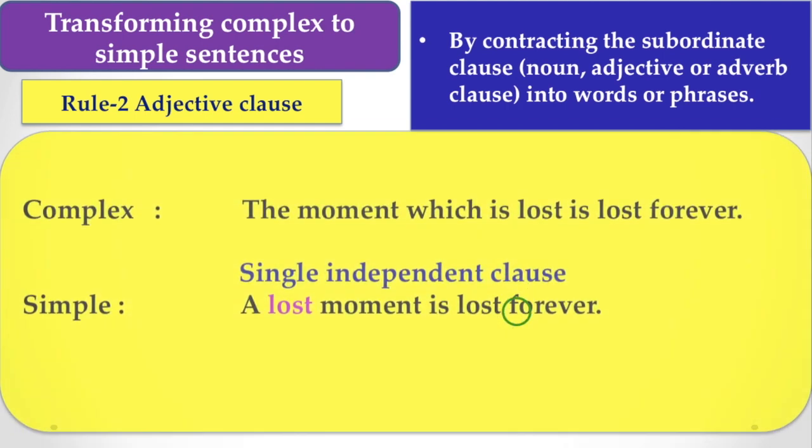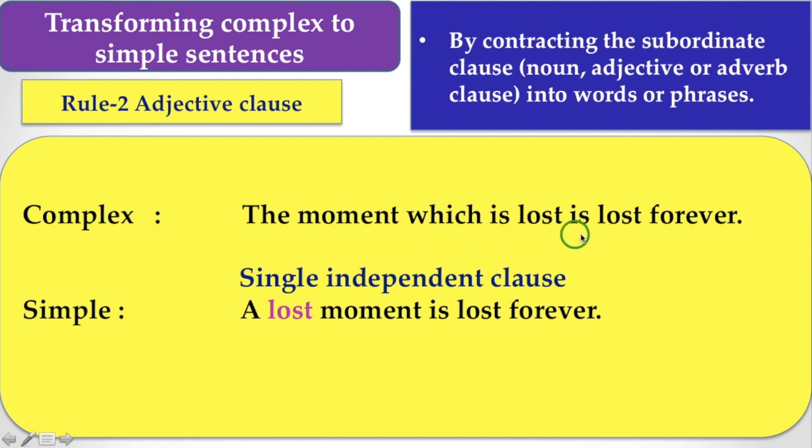Next example for you. The moment which is lost forever. Here "the moment which is lost forever" contains a subordinate clause, and it is a complex sentence containing two clauses. And when you are asked to contract this sentence into a simple sentence, or into a single independent clause, you have to write it, a lost moment is lost forever.